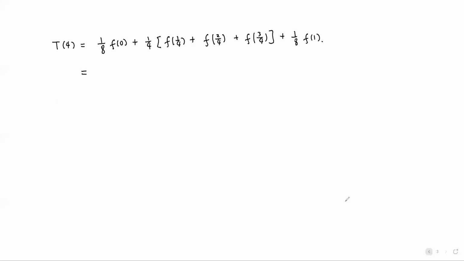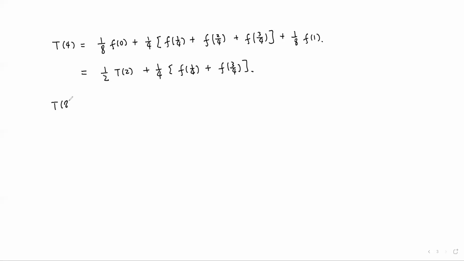So actually, I can write this as 1/2 T of 2, suppose I have computed T of 2, then plus, to save some work, function value at 1/4 plus function value at 3/4.